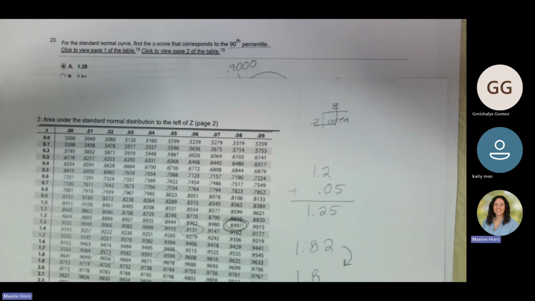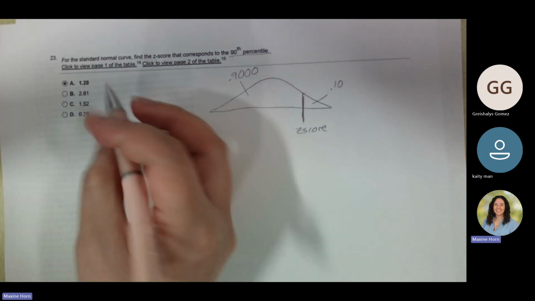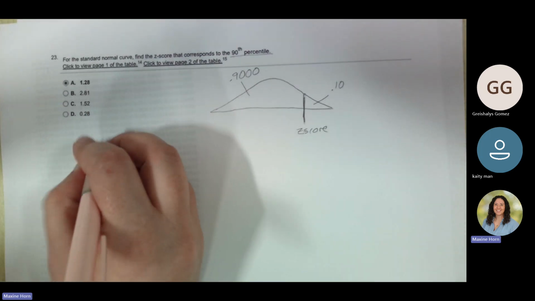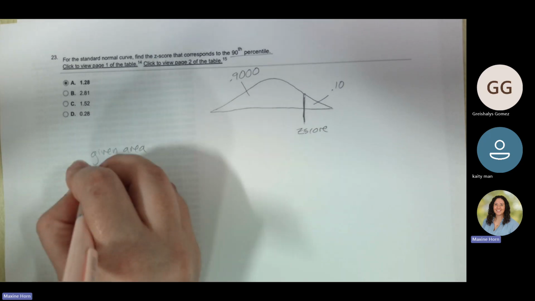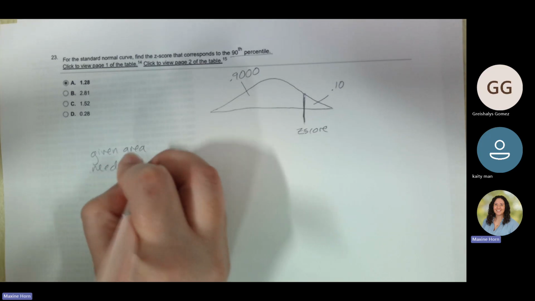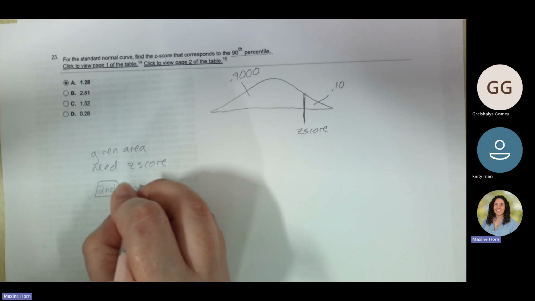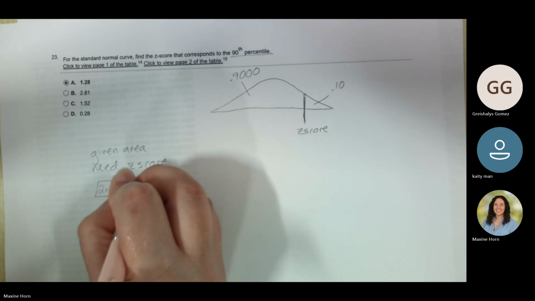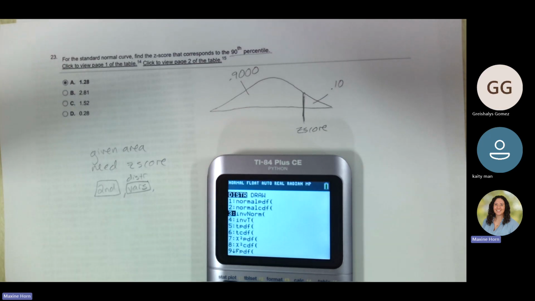Okay. All right, now, what if we wanted to do that in the calculator? So first of all, I'm going to write this out: if you're given the area and you need the z-score, then you're going to do the second vars, but you're going to go inverse norm, INV norm.